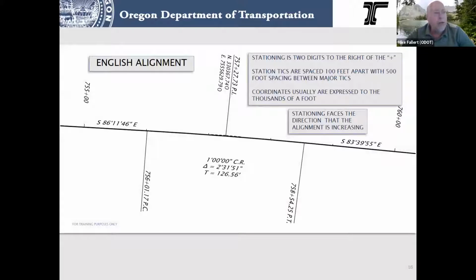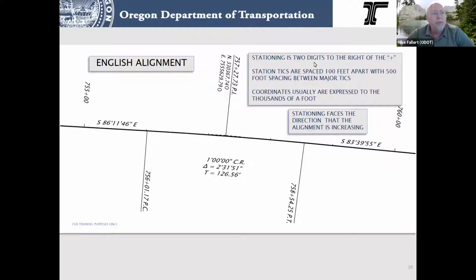So English alignments, which we're into now, and you'll see why we talk about this as far as separating it. English alignments are a 3-digit with a plus to 100th. We label our curves. We label our tangent bearings. We do not put distances on our tangents because we use the stationings for your tangent distances.